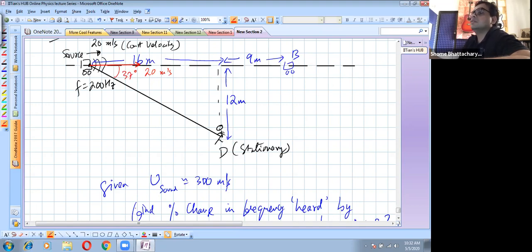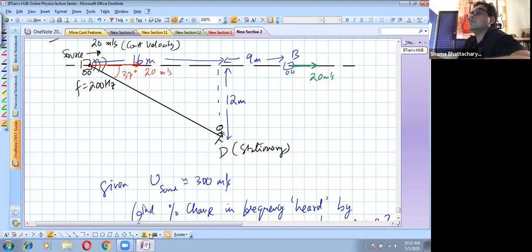Whereas when he's here, we are denoting the velocity vector like this. So that velocity vector is again 20 meters per second.